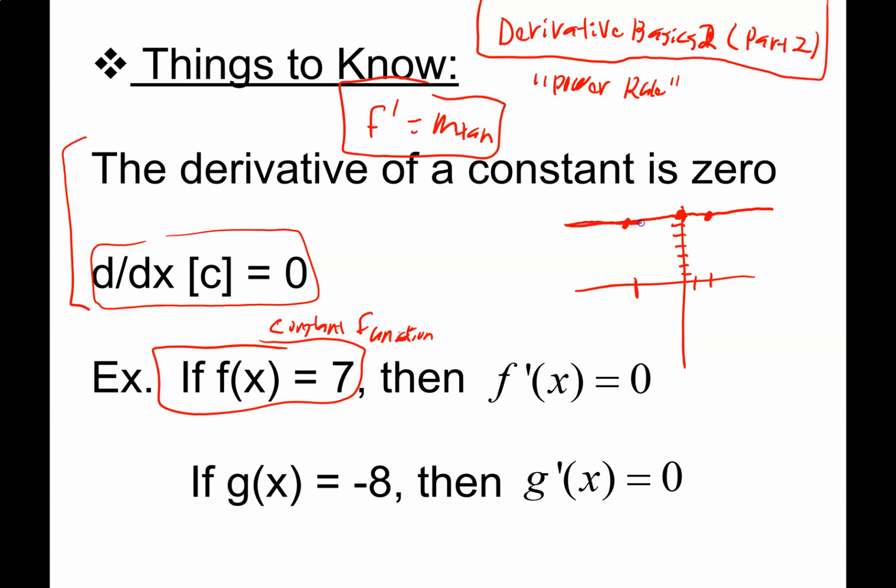So what is the slope of this line? 0. If your line is down here at y equals -8, again, objects on this PowerPoint may not be drawn to scale, but again, constant function, this is the equation y equals -8. What is its slope? 0. That's what this is saying.